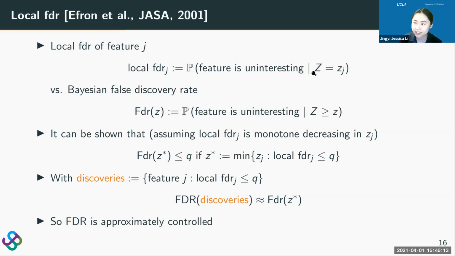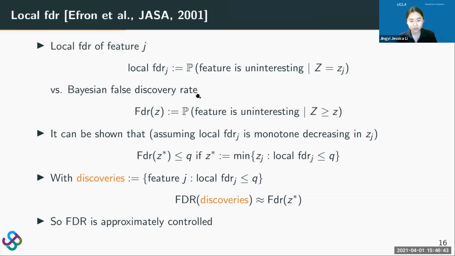If this random statistic takes this value, conditioning on that, what is the probability that a feature is uninteresting? And this local FDR is connected to the Bayesian FDR in that they differ in the conditioning. In Bayesian FDR, the condition is that the statistic takes a value more extreme than or equal to the observed statistic, and what's the probability that this feature is uninteresting?